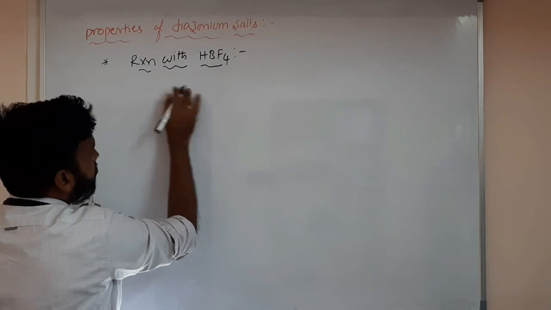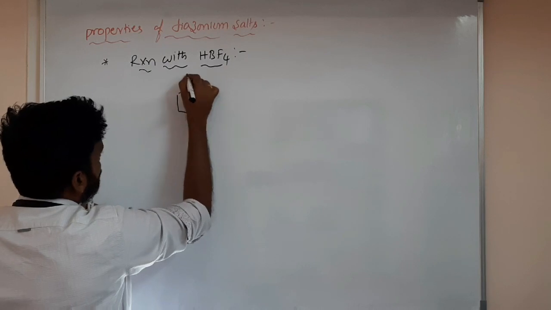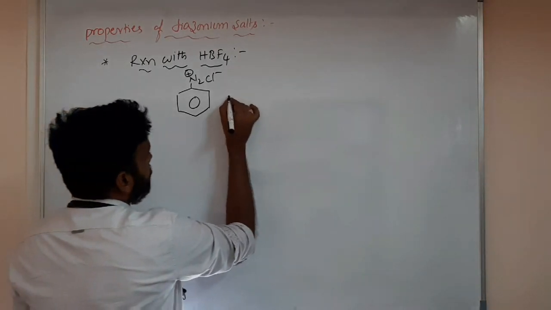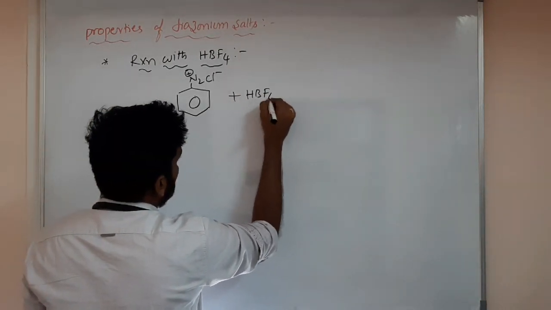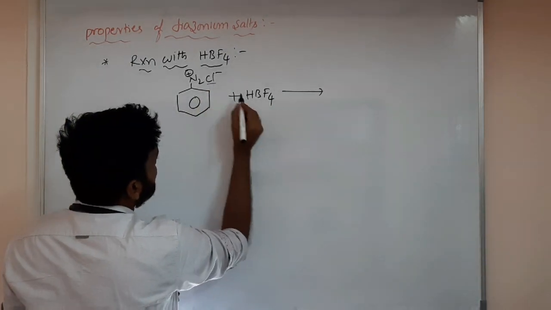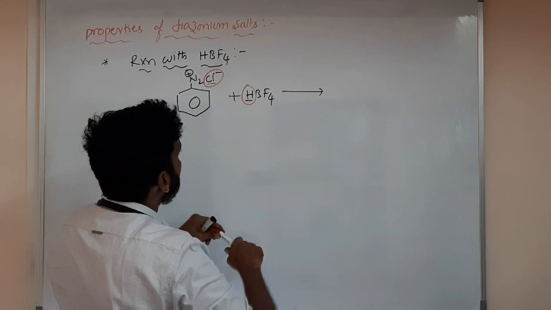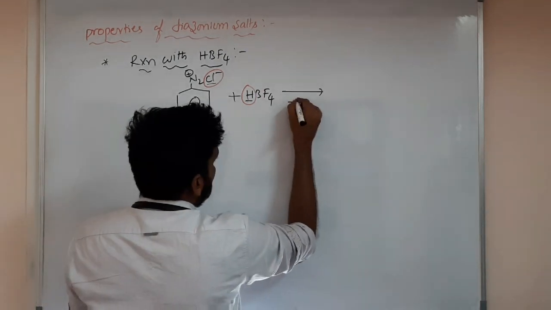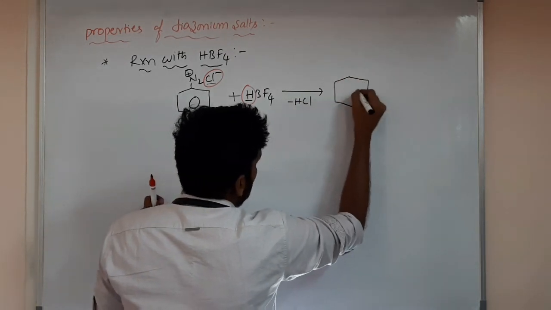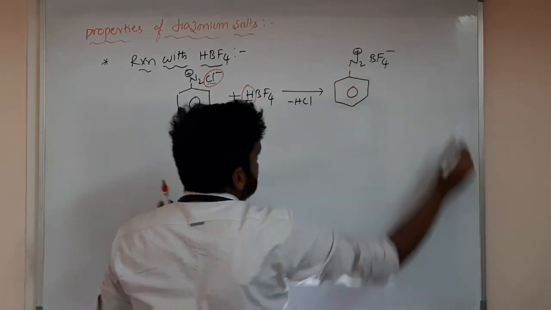Taking benzene diazonium chloride, C6H5N2+ Cl-, every time, when it reacts with HBF4, first a complex forms by the removal of Cl- and H+. So HCl goes, and you get C6H5N2+ BF4-.